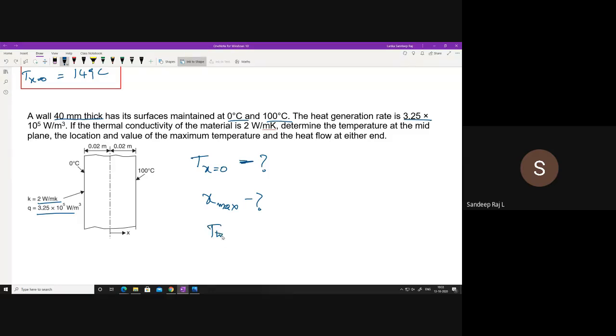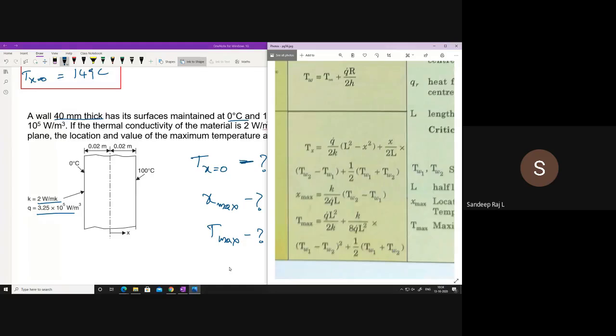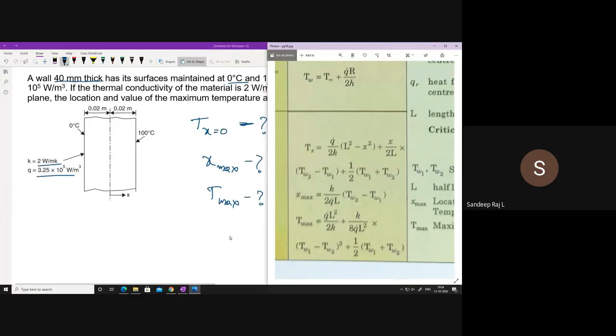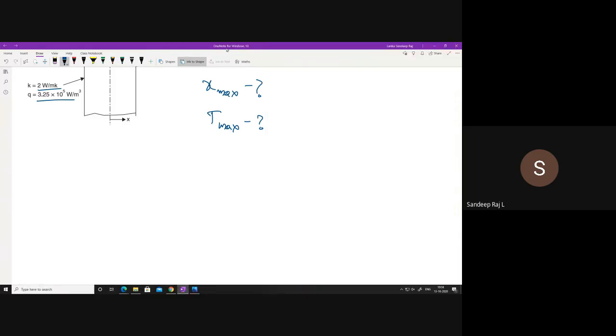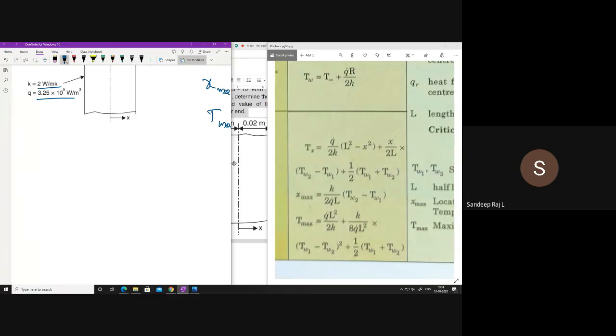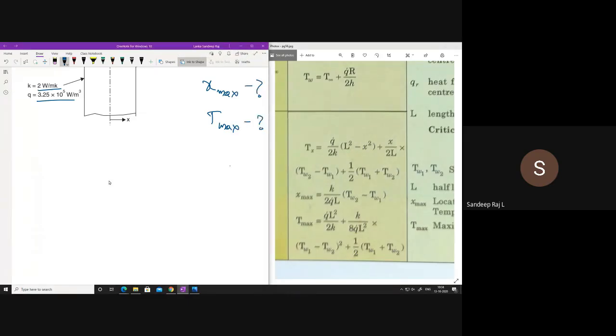It is again a simple thing. You have to use the appropriate formula and substitute it. So let me write the formula for T at x is equal to 0. This is from the data book anyway. It is good to write the page number also.